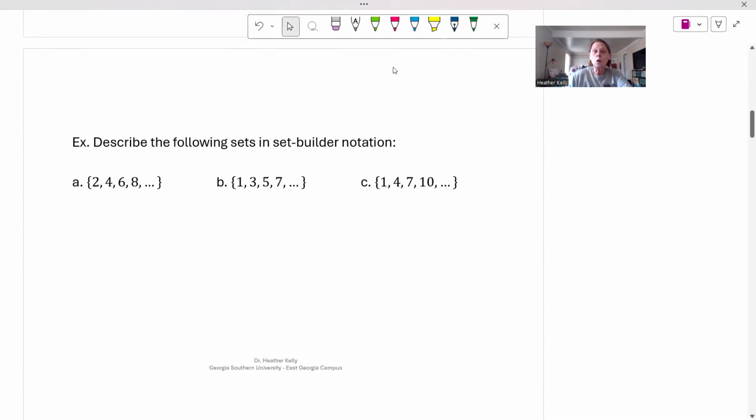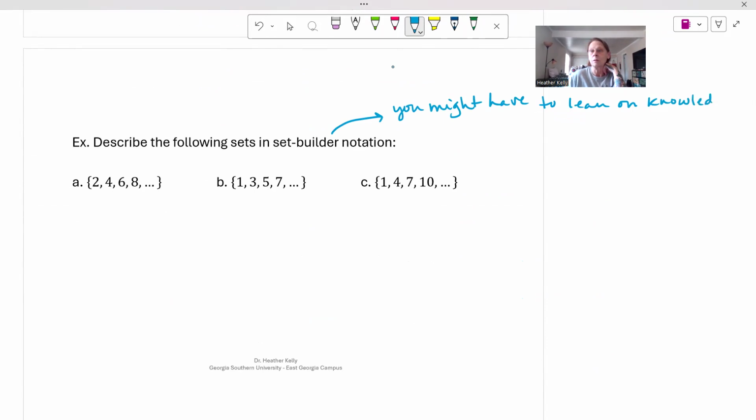Now, when we're describing sets in set builder notation, you might have to lean on what we've learned in sequences. You might have to lean on the knowledge of sequences.